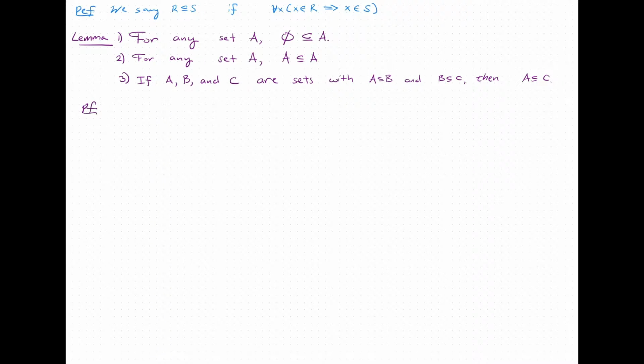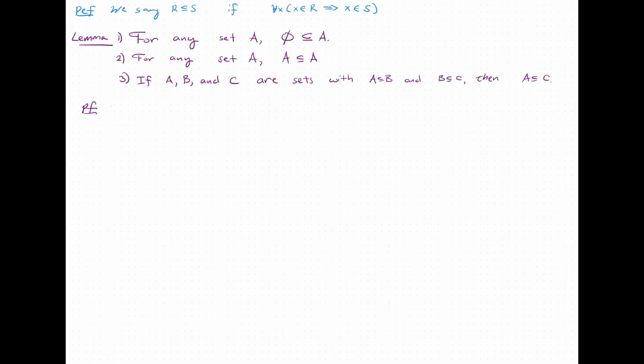So let us look at the first one. For the very first one, this may seem like an automatic thing, but let's actually prove it, because with the empty set, why is it that it's a subset of every set A? Well, let's look at the definition of being a subset symbolically. So we are saying for every x, x is in the empty set. But x in the empty set is a false statement since this empty set has no elements.